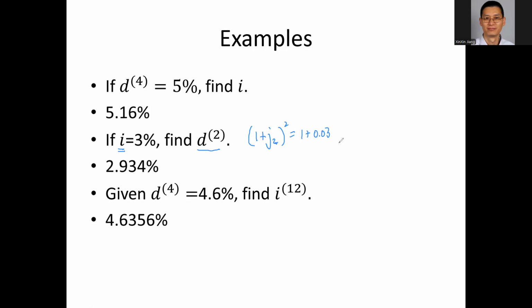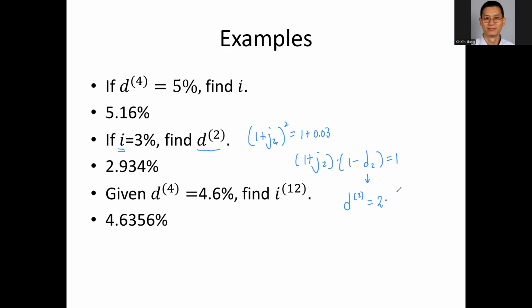And then you need to use this relation. j2 is the half-year effective interest rate, and then you do maybe d2. These notations are not really standard, but this is the effective half-year discount rate. Then you multiply by 2, and you get this nominal rate.